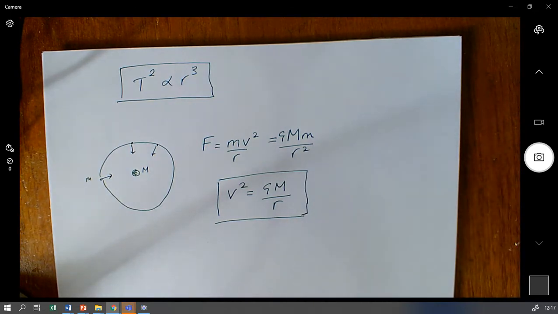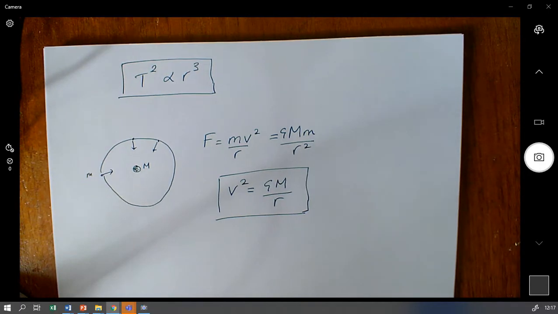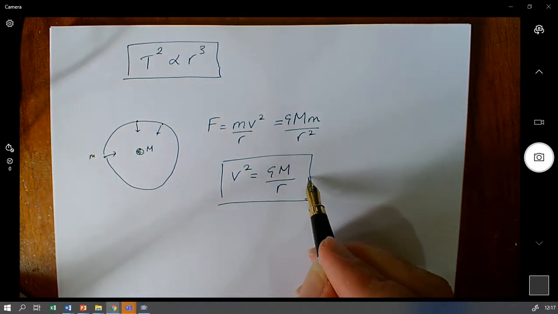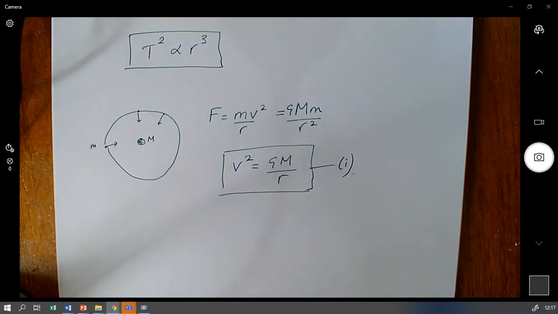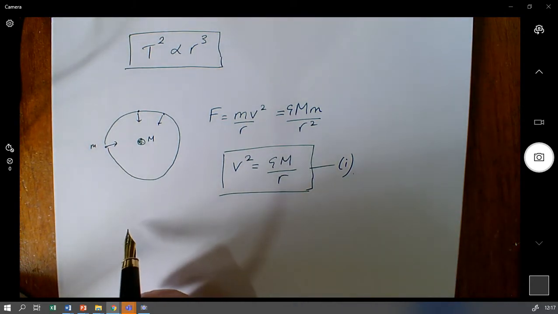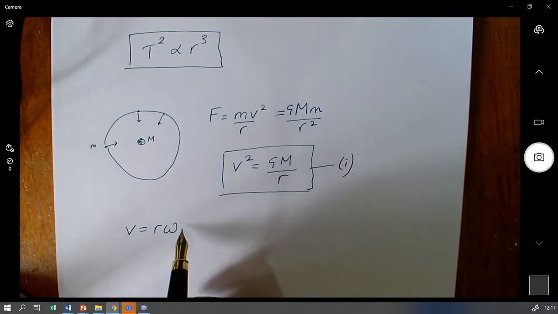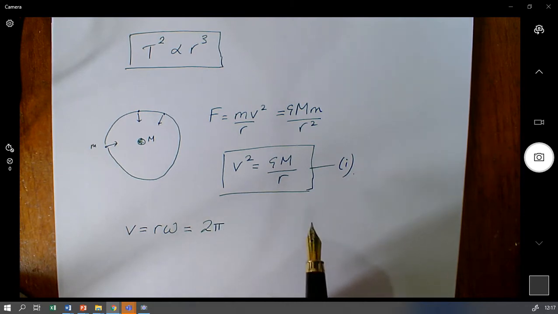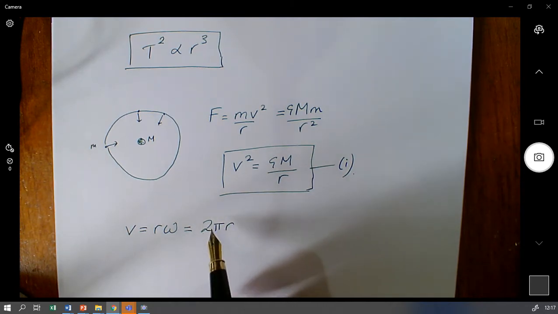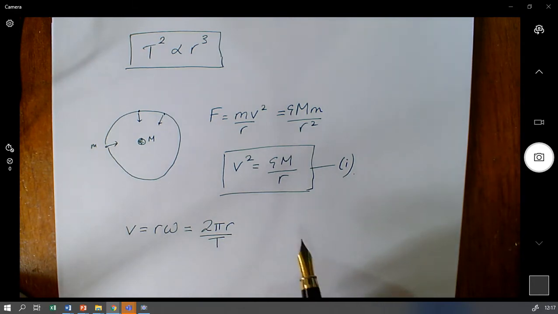Okay, easy peasy. That's step number one, we'll call that equation number one. We also know from circular motion that v equals r omega, that's the radial speed, or 2 pi r, the circumference, divided by the time it takes to orbit.